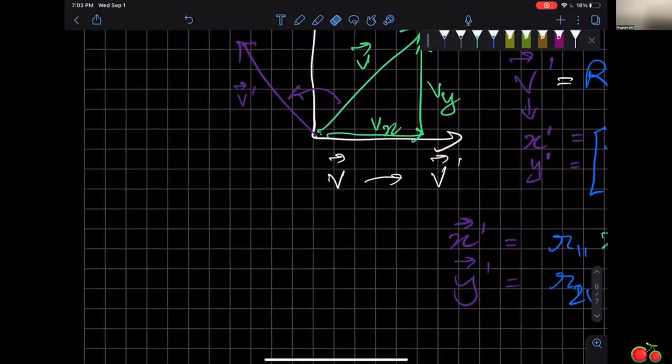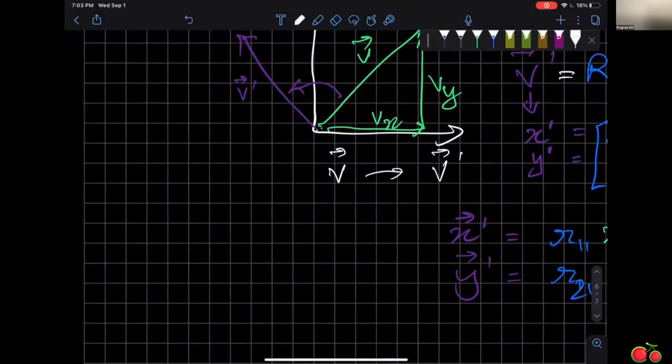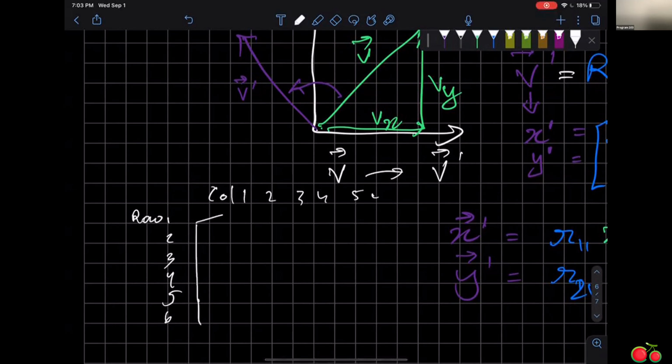If you look at it from the point of view of rows and columns, your data set has rows 1, 2, 3, 4, 5, 6, and so on. It has columns 1, 2, 3, 4, 5, 6, and so on, right? So your data set is nothing more than a giant matrix.